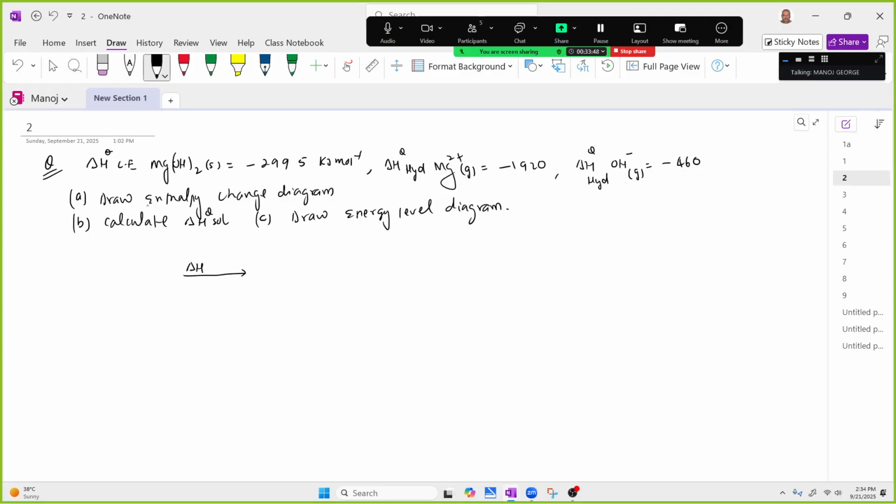So you have to write delta H dot solution of magnesium hydroxide, that is the start. So you are going to take magnesium hydroxide solid and put it in a very large amount of water. Just trying to speed you up. Now complete the diagram.